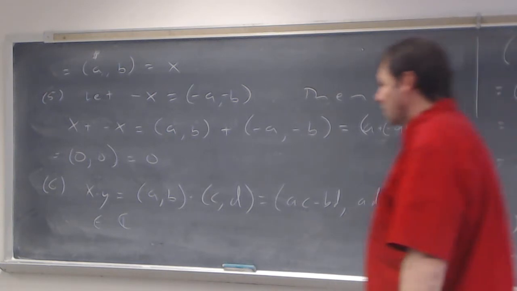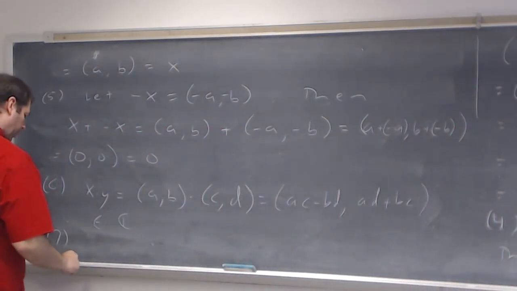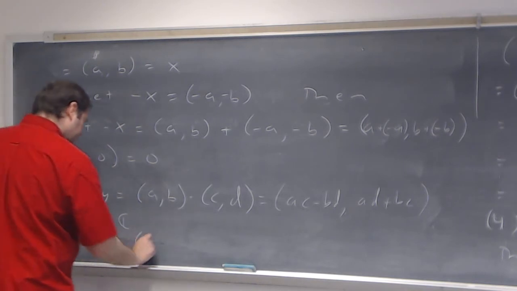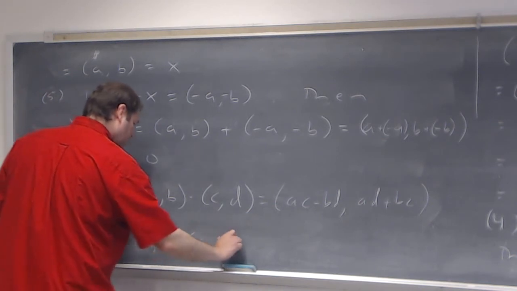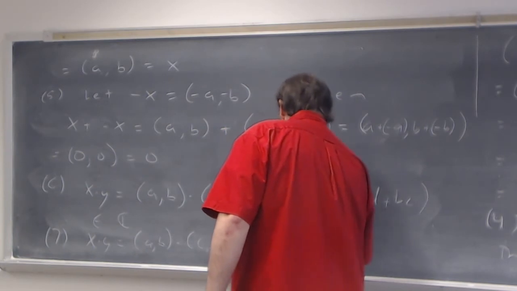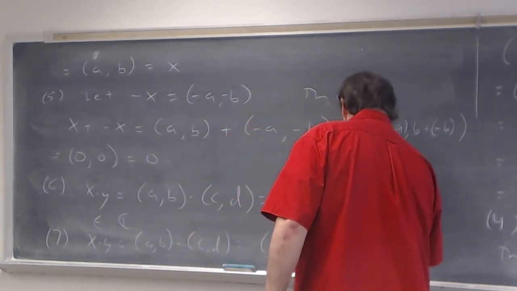And then we want to show commutativity for multiplication. So x times y, which is equal to (a, b) times (c, d), which is equal to (ac minus bd, comma, and then ad plus bc).